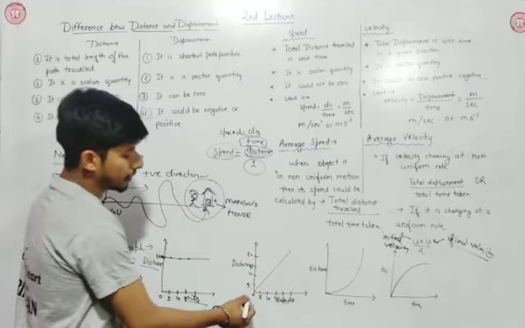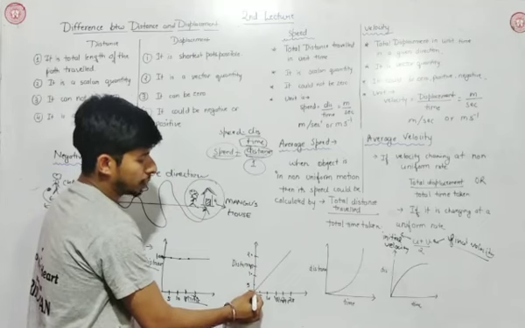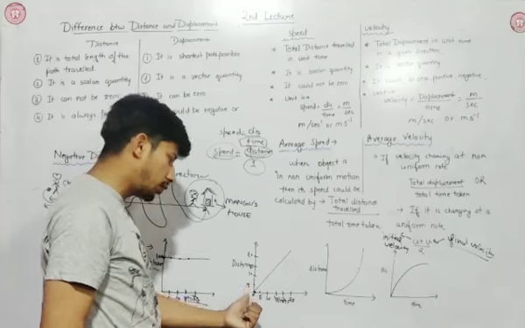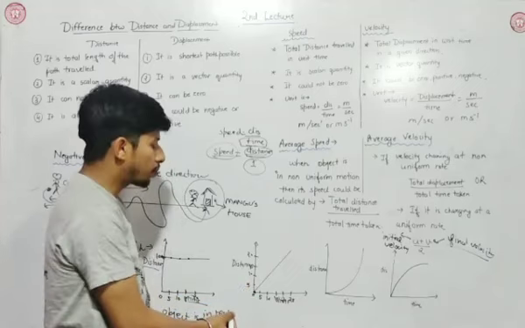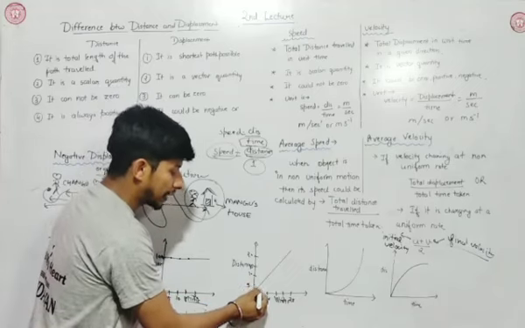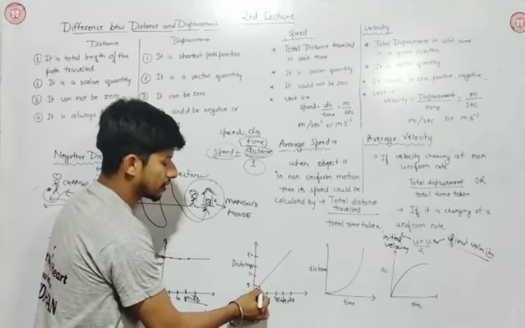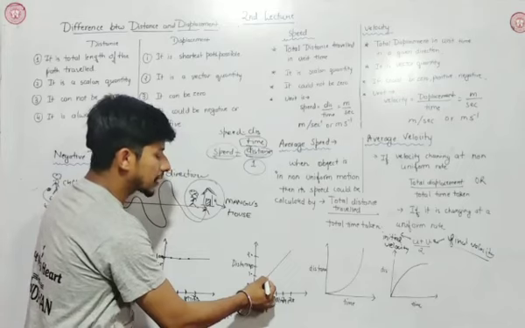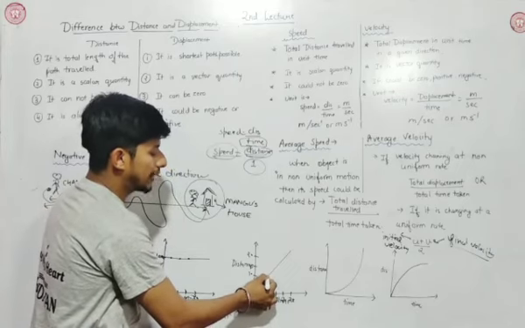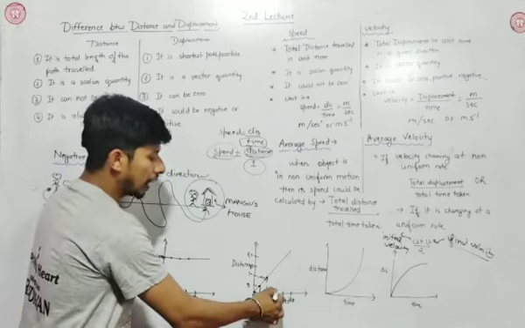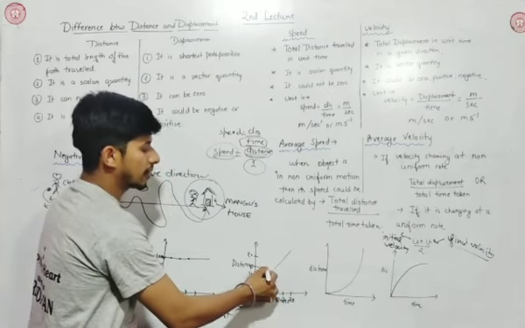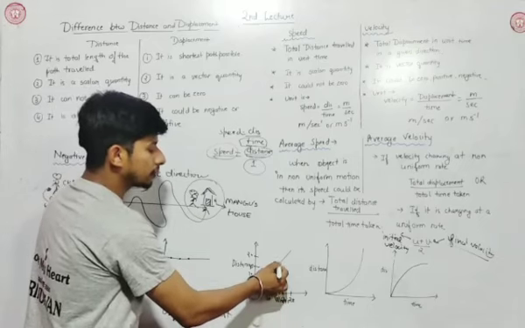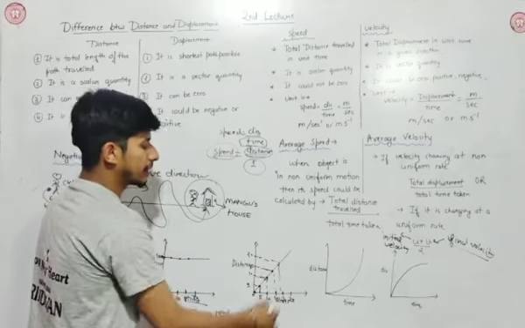So you can see here, initially the object is at the origin point, at 0 meters at 0 seconds. After 5 seconds it has traveled 5 meters, right? After 10 seconds it has covered 10 meters. After 15 seconds, it has traveled 15 meters. After 20 seconds, it has traveled 20 meters.